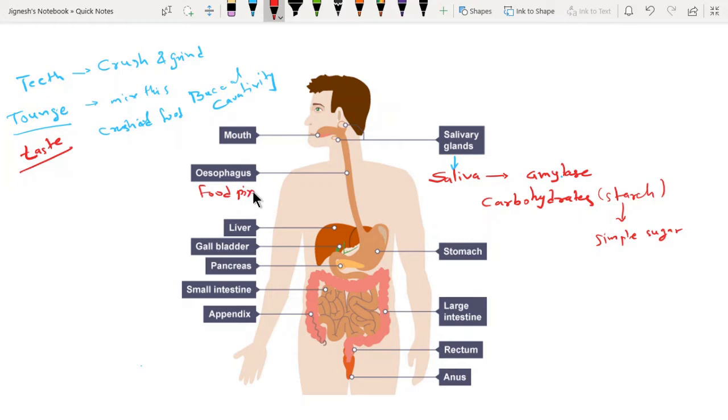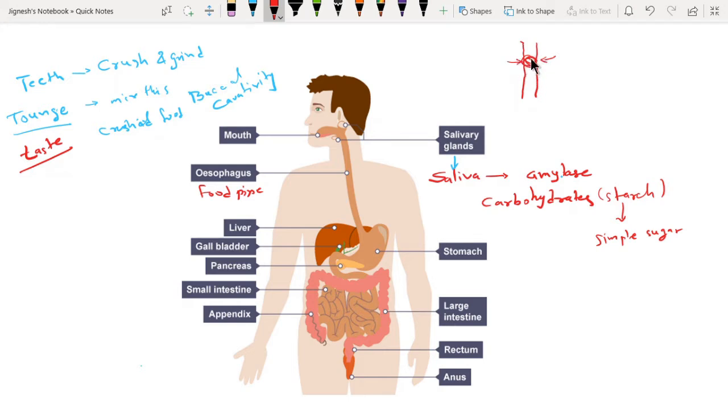Is it like a free fall, like when you throw a ball from the top of a building and the ball goes directly down? No, there is a movement where contraction and relaxation take place. I will show you. This is a food pipe and here is the ball. Here a contraction takes place.